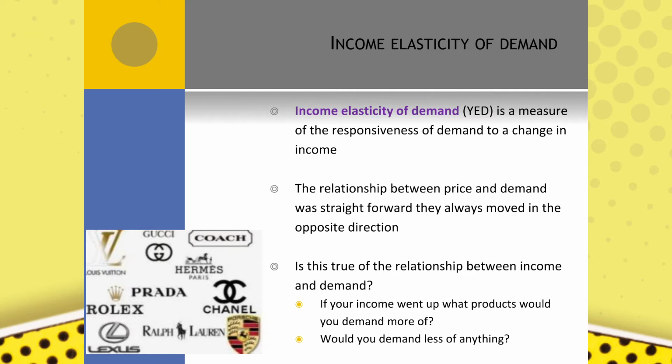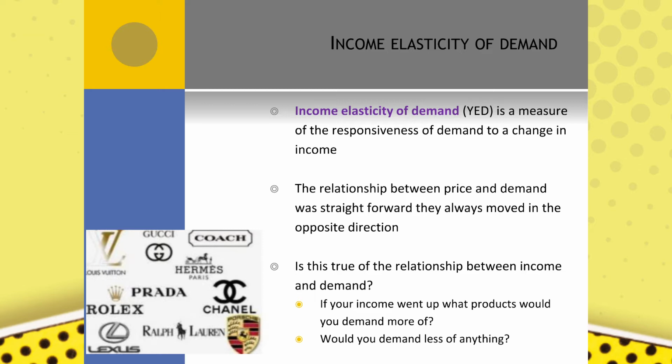The law of demand states that when the price increases, the quantity of that good or service would decrease, which is true, but there are other factors involved. Income, for example, is one of those factors. So is it true for the relationship between income and demand?